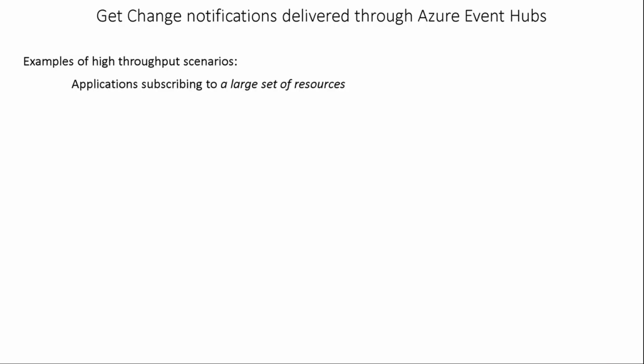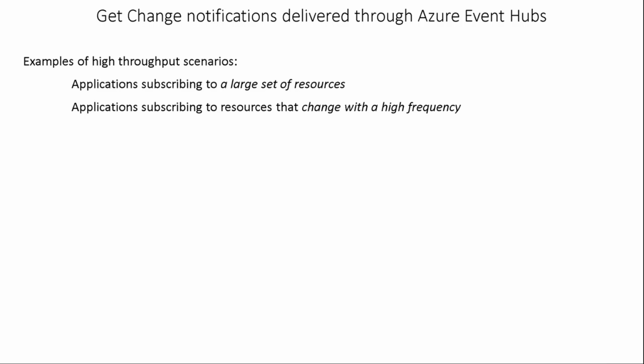Similarly, some examples of high throughput scenarios that we saw and have addressed, and you would find it quite useful, is if your application is subscribing to, for example, a large set of resources, which means that you will get a large set of notifications. What if somebody in the company decided to write a PowerShell script to update job titles of all 150,000 or 1 million employees in an organization?